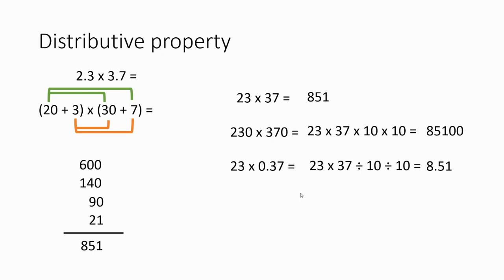Okay, so that would be 8.51. Okay, and here, in this question, there's four decimal places. So I would be moving it back 4 times. Oops, sorry. So the answer to this one, because there's two decimal places, would be 8.51.